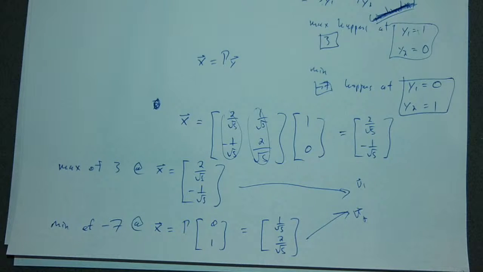Sam, the constraint is unit circle in x coordinates, but of course you don't have to give the answer in y coordinates. You can transform back to x coordinates. So your question is, does P guarantee that the length is conserved?